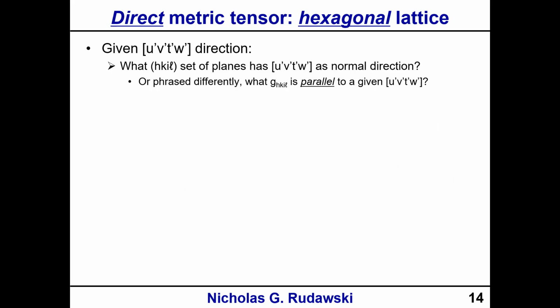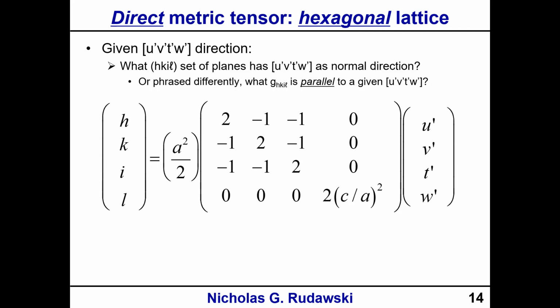There are actually some nice equations for 4-index notation. We're given a 4-index direction. We want to know what set of planes has that as a normal direction, or what G vector is parallel to the given U prime, V prime, T prime, W prime direction. So this is what the direct metric tensor looks like.